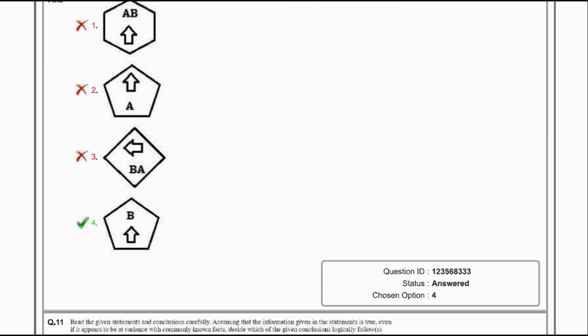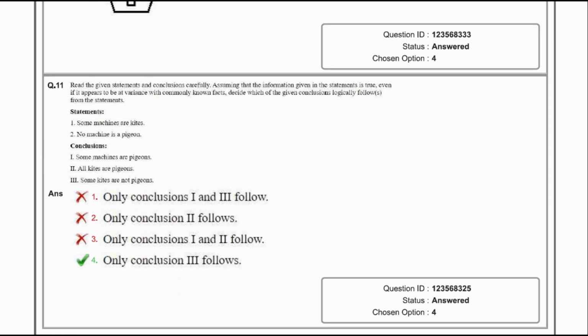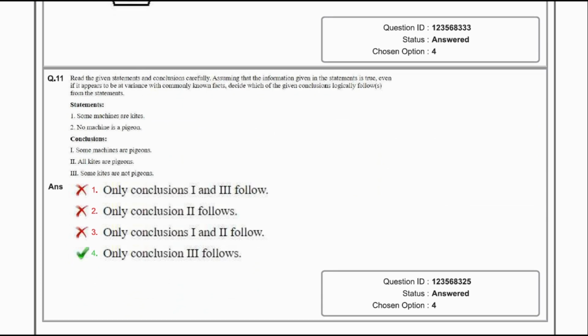Move to 11th question. Read the given statement and conclusion carefully. Assuming that the information given in the statement is true, even if it appears to be at variance with commonly known fact, decide which of the given conclusions logically follows from the statement. Some machines are kites, no machine is a pigeon. Conclusions: some machines are pigeons, all kites are pigeons, some kites are not pigeons.